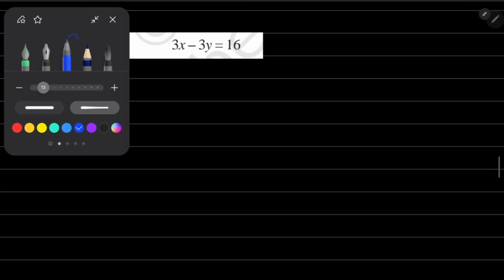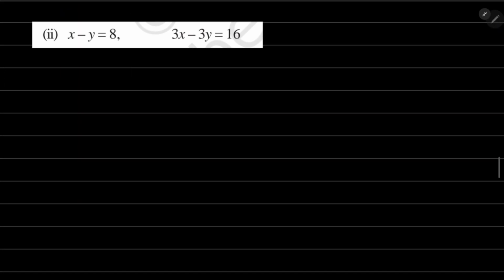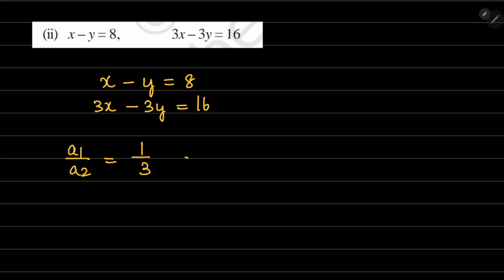Here, x minus y equal to 8 and 3x minus 3y equal to 16. So what is your a1 by a2? a1 by a2 is 1 by 3. What's your b1 by b2? It is nothing but minus 1 by minus 3, again equal to 1 by 3.